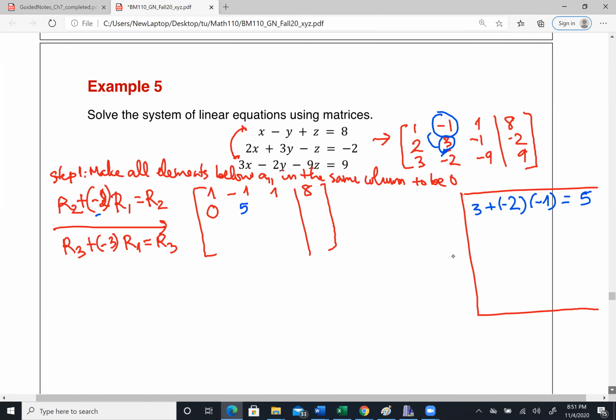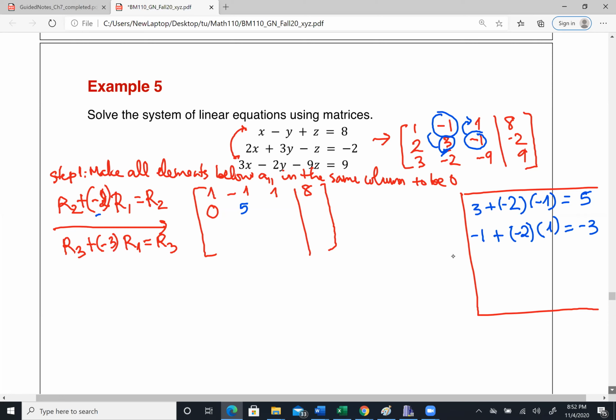Now what about the next term? Not the last one, just the third one. I have -1 for R2, plus -2 multiplied with the number 1 from R1. So -1 minus 2 will be -3.